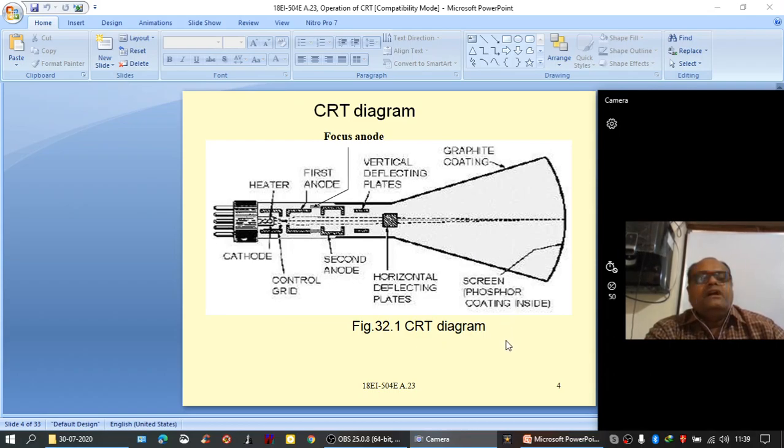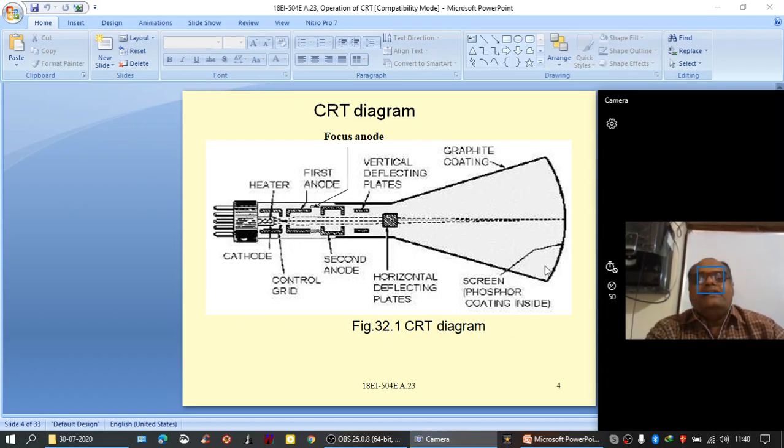So this is how a CRT produces a visual display of the applied input signal at the vertical input.